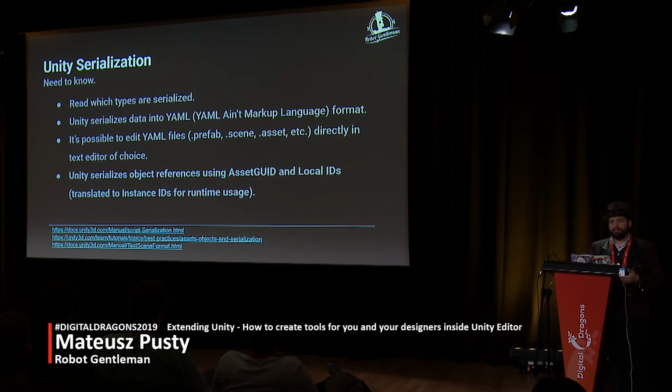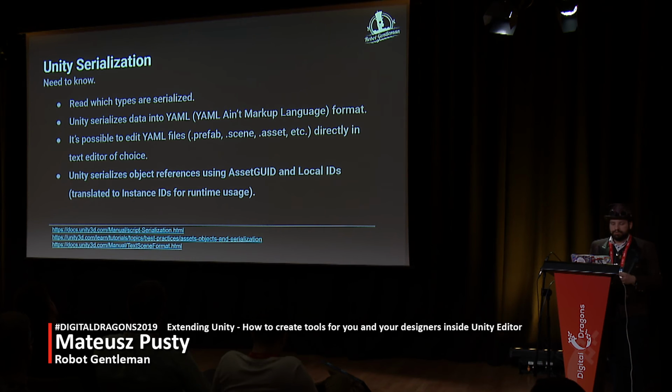I remember when I had an external asset that was referencing the assemblies of the scripts directly, and when this asset was moved to another assembly, everything broke. So I just edited the YAML files that were the data this asset was storing, changed the assembly name, and everything started working again. So it is useful to know that you have this possibility.